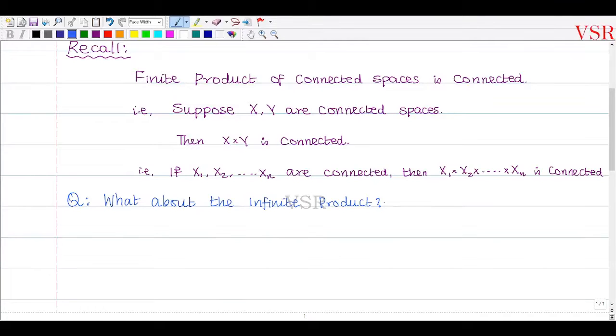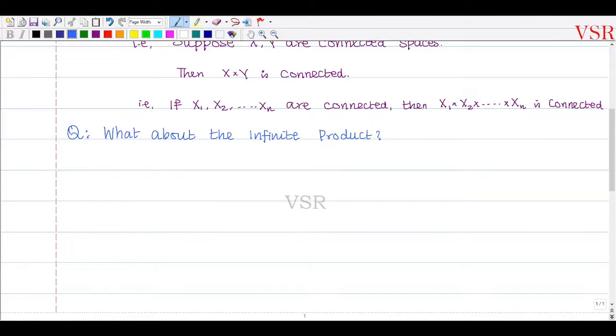The answer depends upon the topology we are considering on the infinite product of the Xi, of course the X alpha. So we will give some examples.